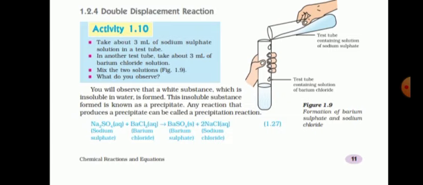That white substance forms when you combine both the solutions together. This insoluble substance formed is known as your precipitate. The solid substance which is insoluble in water is known as your precipitate.